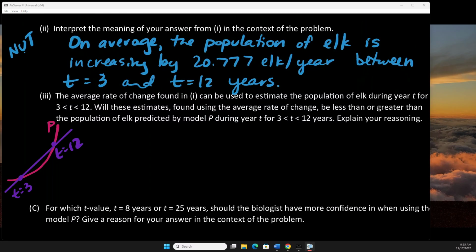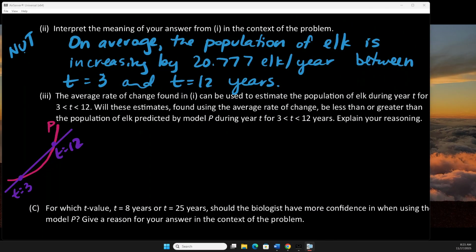All right, so the estimates using the average rate of change are going to be values on the secant line. And then the population using P to predict the number of elk is going to be on this pink line.